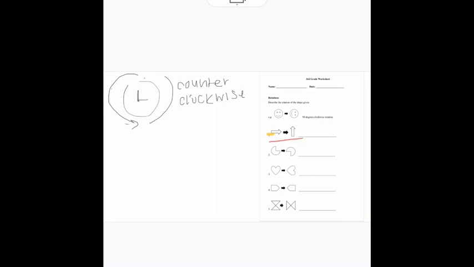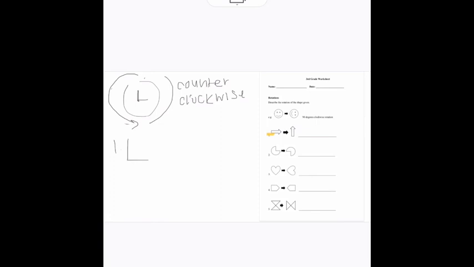An arrow is facing to the right, and it now is facing up. So what would that be? That would be 90 degrees counterclockwise. Why? Well, 90 degrees is this, right?